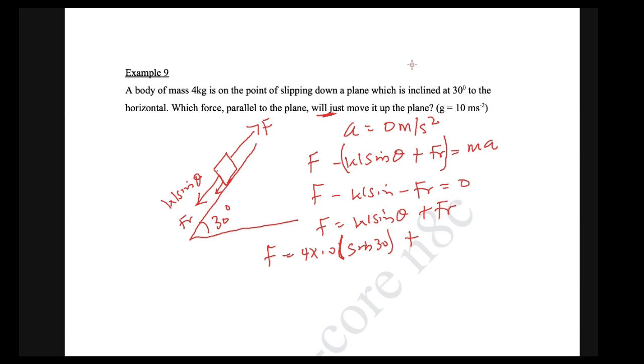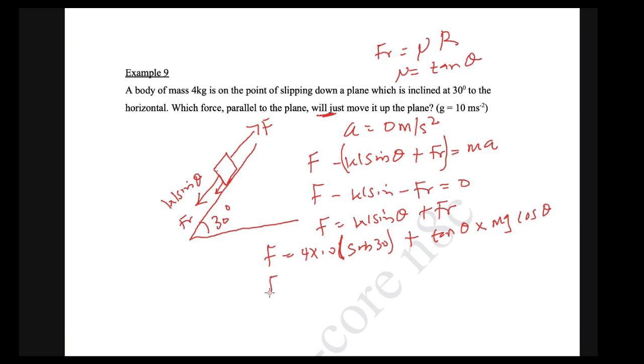All right, remember we said that Fr is mu R, and whenever you have this case, your mu is always equal to tan theta. So mu is tan theta. So we are going to have Fr is mu R, so we have tan theta multiplied by R. R in this case is mg cos theta. So we have mg cos theta.